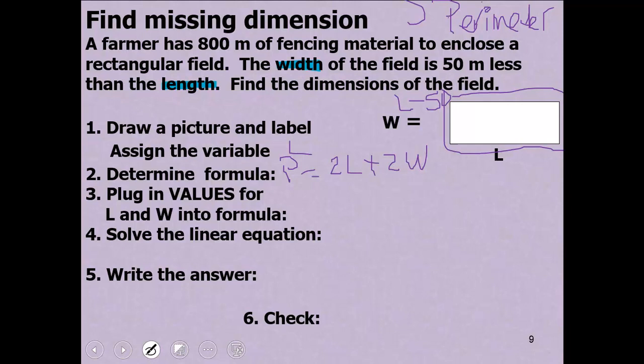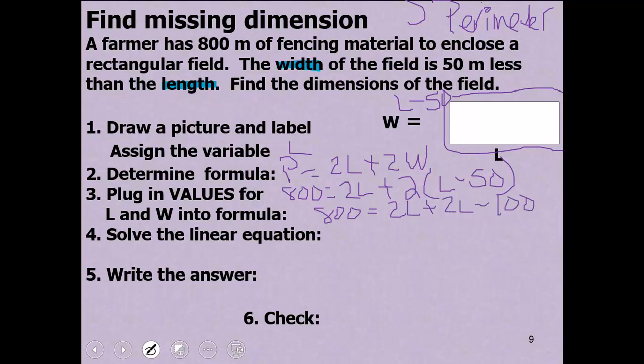My perimeter is 800. 2L plus, now for W, instead of using W, I'm going to use this L minus 50. I'm going to distribute, so I get 800 is equal to 2L plus 2L minus 100. I'm going to combine like terms, and I get 800 is equal to 4L minus 100. I'm going to add 100.